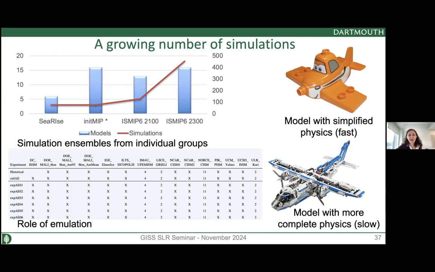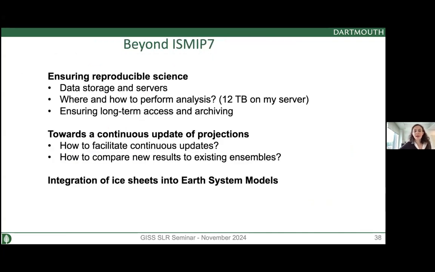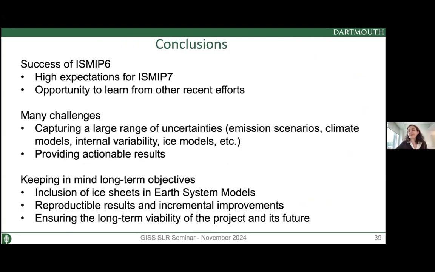Again, I don't have many answers. Maybe emulation and data science can teach us a lot here. So I'm going to conclude here, talking about how ISMIP6 was a great success, and now there are really high expectations for us moving forward. There are also opportunities to learn from other efforts.